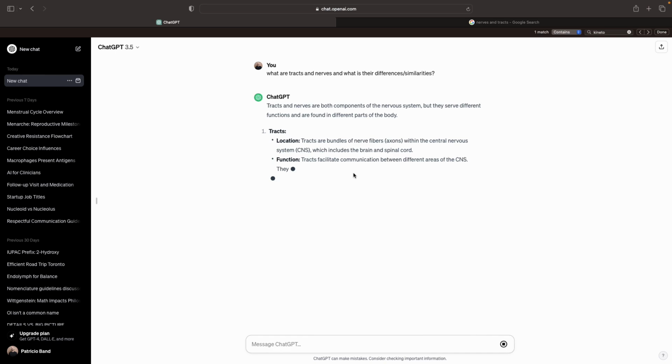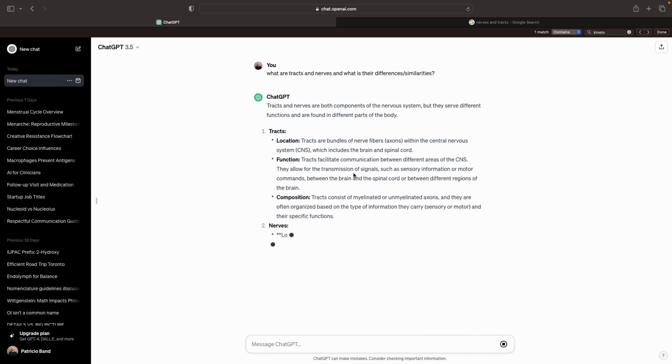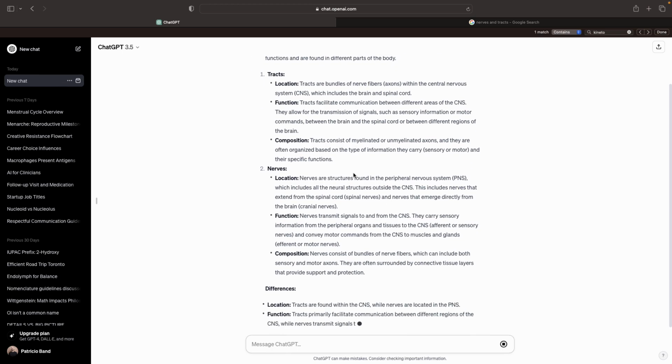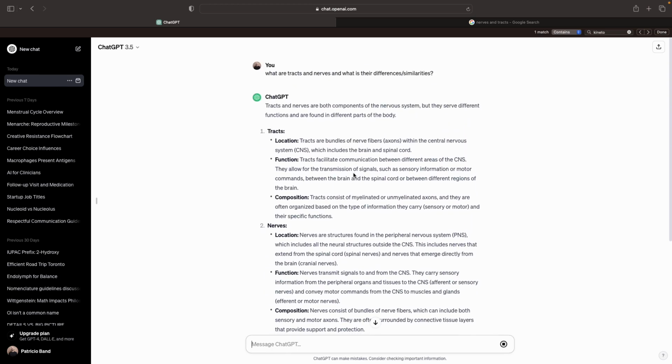Tracts and nerves are both components of the nervous system, but they serve different functions and are found in different parts of the body. So the only similarity between them is being components of the nervous system, but different functions. So tracts are bundles of nerve fibers, axons, within the central nervous system, which includes the brain and spinal cord.